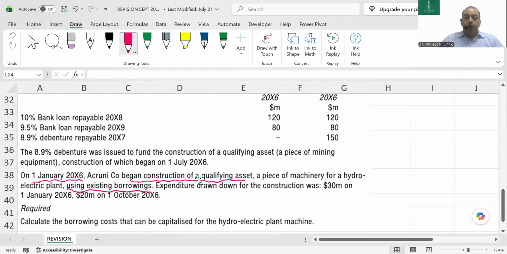Are we going to make use of all the loans, or only the first $120 million, or only the second $80 million? Or is it a combination of 120 plus 80, or 80 plus 150, or 120 and 150, or 120 plus 80 plus 150?